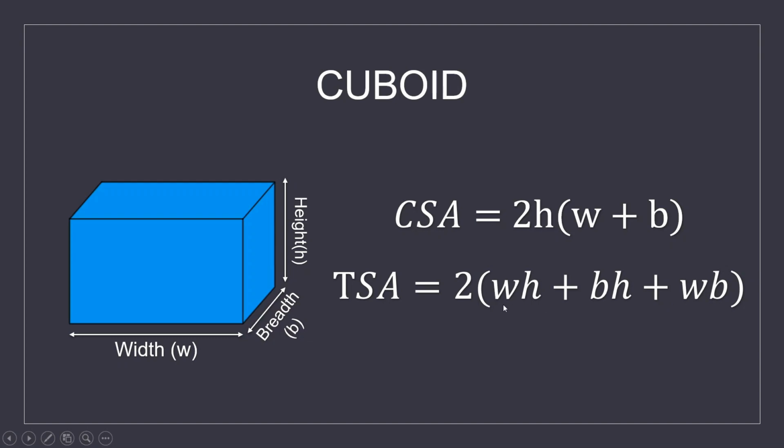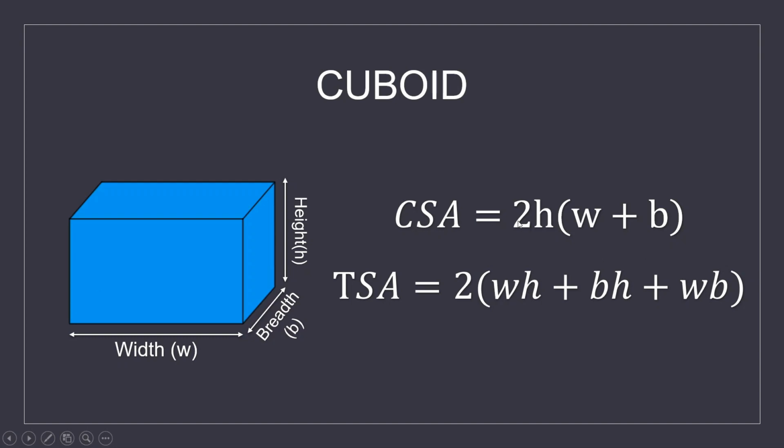You can first write breadth height, you can first write width breadth, you can first write width height. But the only thing you have to remember is that in total surface area you have to consider all the possible pairs, that is 3 pairs, which are width height, breadth height and width breadth, and you have to add them and then multiply by 2.